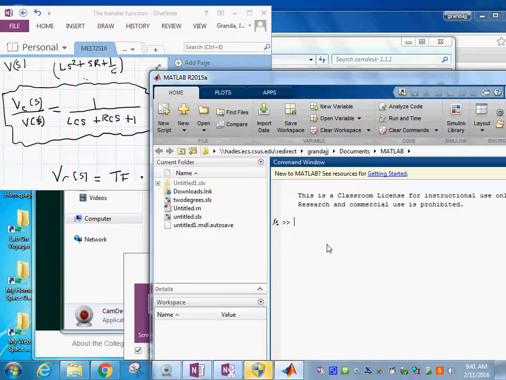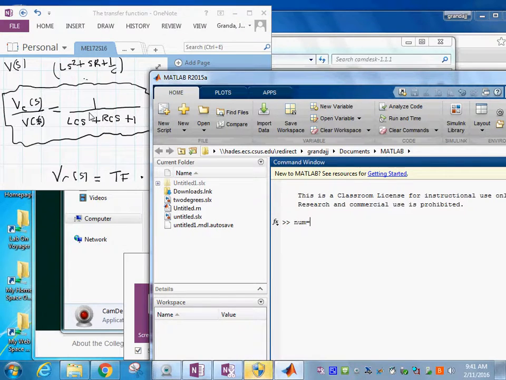So you enter the numerator. For the C element we're going to use 1 farad, so this is 1 over C. Do we have 1 over C? I think so, so in this case we'll just do a 1.